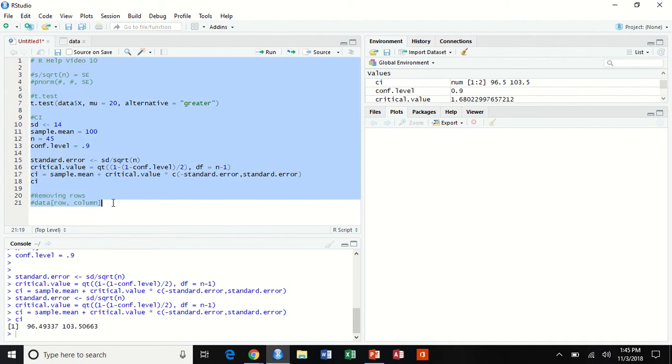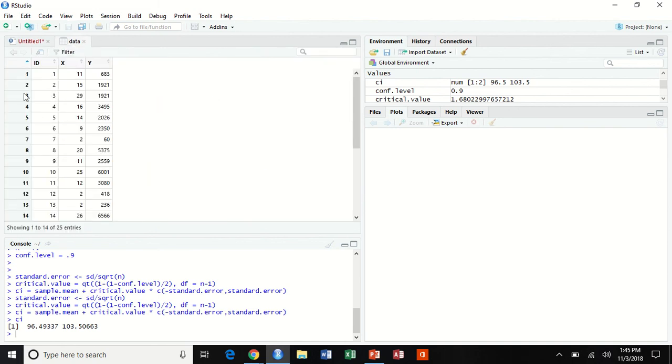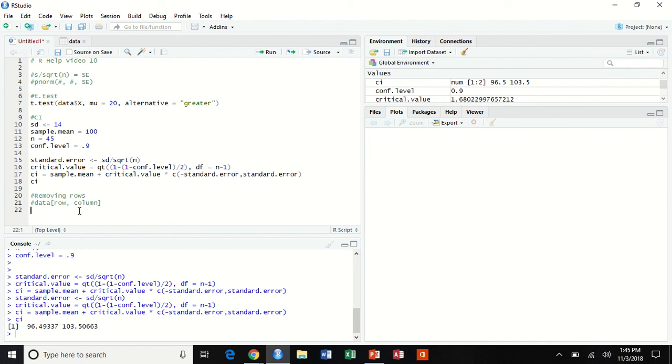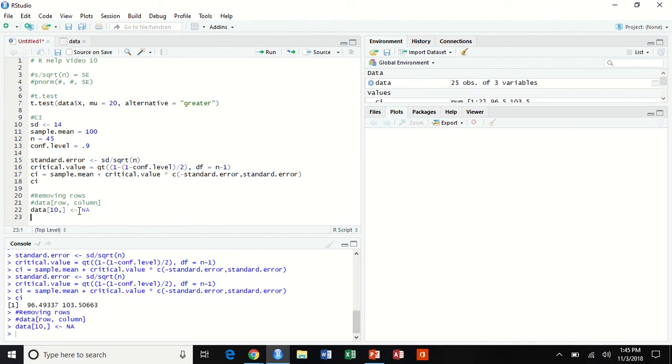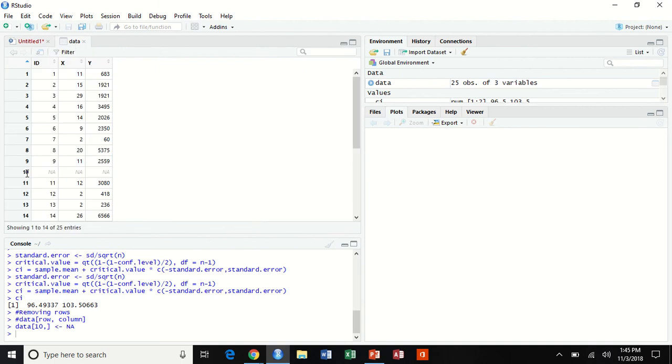And where you get row and column is looking at your data, and you can see the rows and you can see the columns. Let's say we really don't like row 10, and we really want to take it out. In that case, we would do data 10, comma, don't forget the comma, is equal to NA. Now we have wiped out row 10.